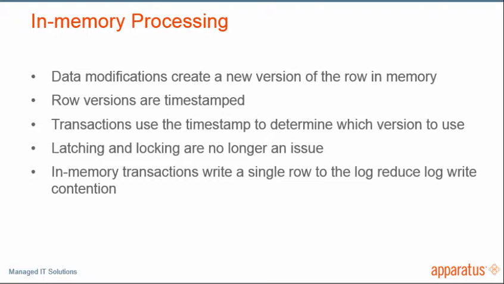If it sees multiple versions, the transaction knows what its timestamp is. It knows which time-stamped row is valid for it. As a result, locking and latching are no longer an issue because the transaction is only going to be hitting a single row. And speaking to the log write bottleneck, when in-memory transactions write, they only write a single row to the log file to reduce that log write contention.